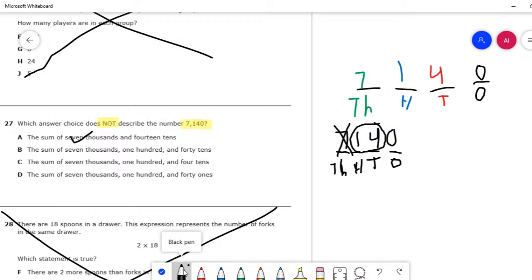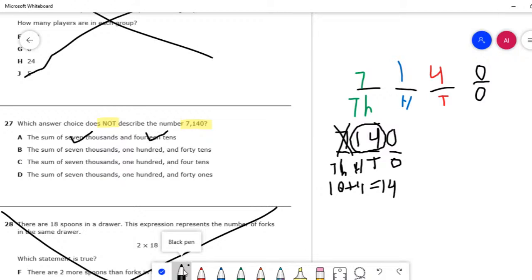What that's saying is that 100 and 4 tens is the same as 10 tens and 4 tens, and when we add 10 plus 4, that's 14. That's the same 14 that we get up here. So saying that it's a sum of 7,000s and 14 tens means the 14 tens is correct.